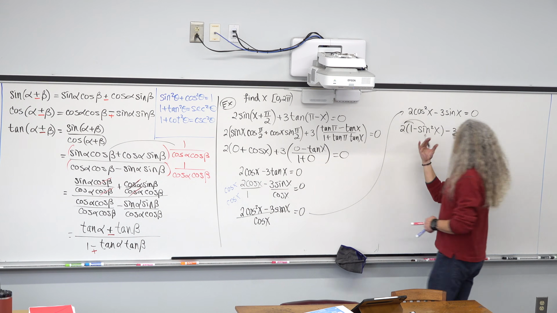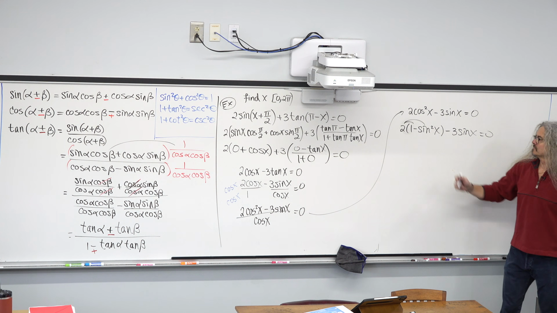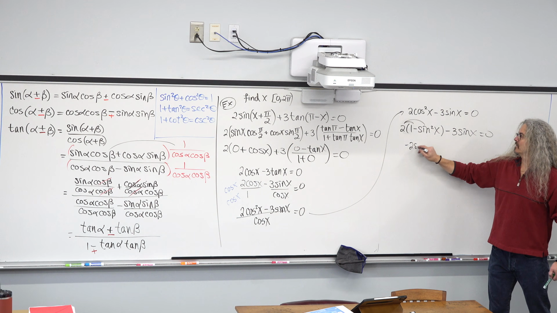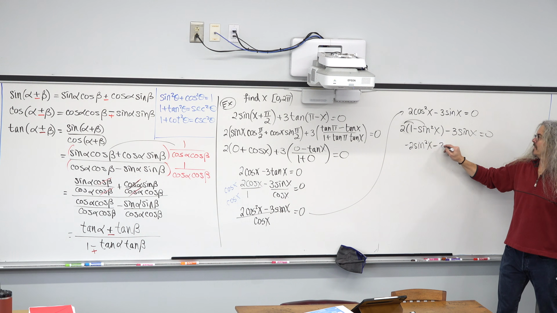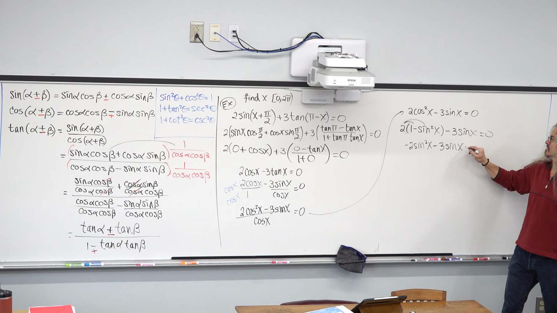Distribute the 2, and you should always have your powers go down. We have negative 2 sine squared x minus 3 sine of x plus 2.